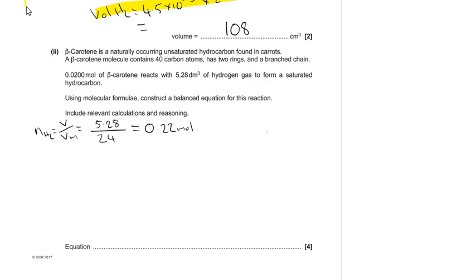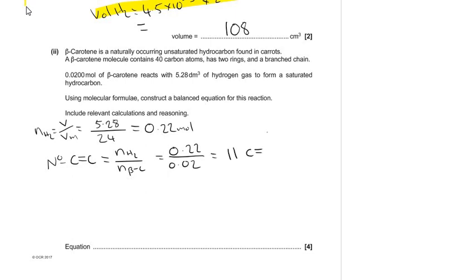Now, with this information, with the beta-carotene, we can work out the number of carbon-carbon double bonds, and that's going to equal the moles of hydrogen divided by the moles of beta-carotene, which if we write that down is 0.22 divided by 0.02, which is going to be 11.